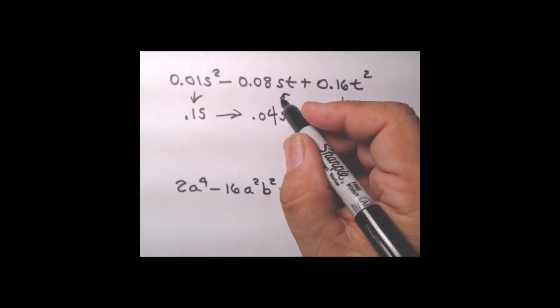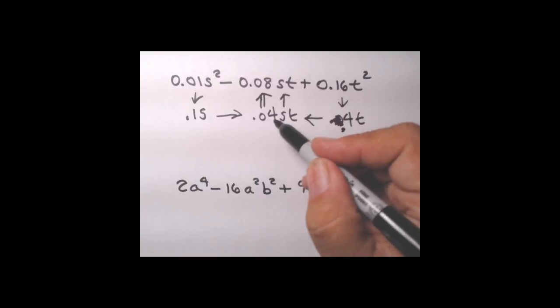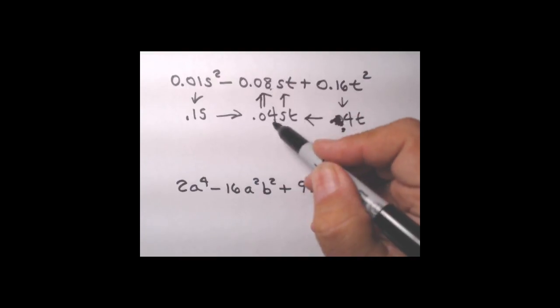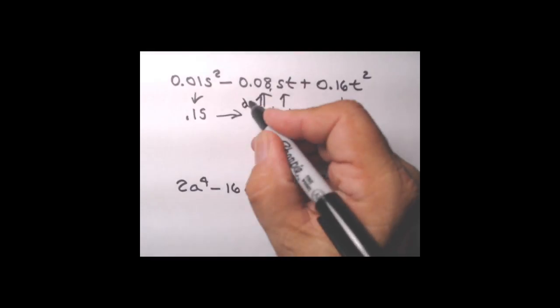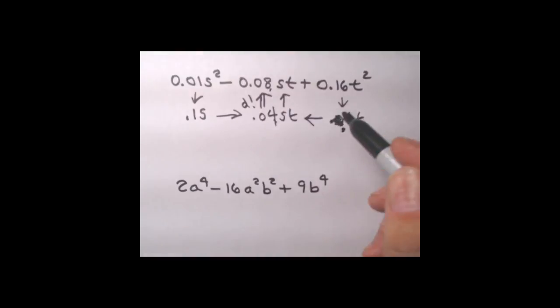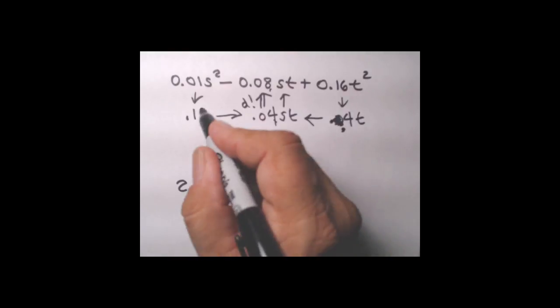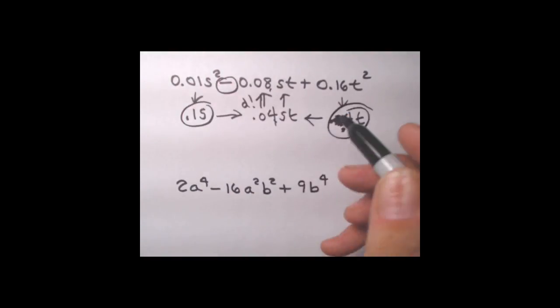Okay, the variable matches, but here's what we're really comparing. Is the coefficient double? Well, it certainly is. If you double 0.04, you'd get 0.08. So it is indeed double. That means this guy, who is a trinomial with decimals in it, is indeed a perfect square trinomial.